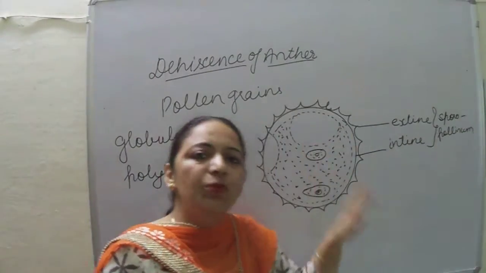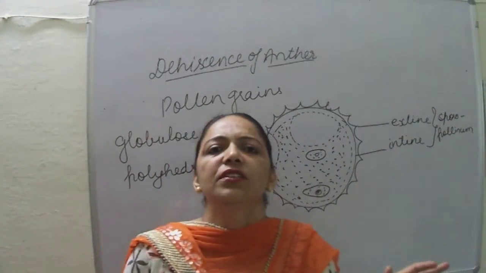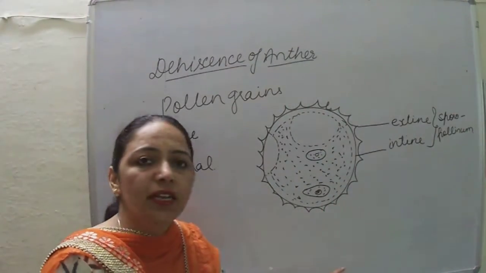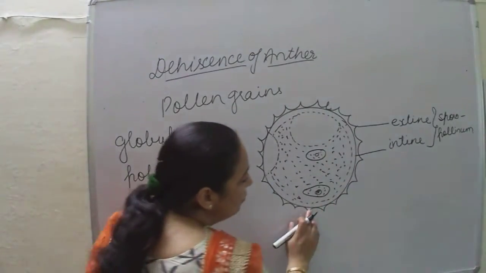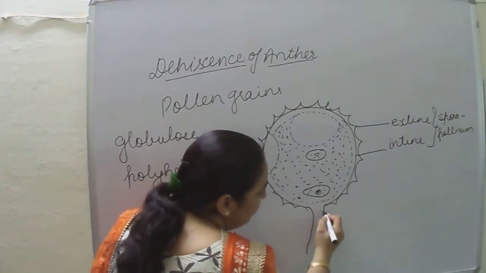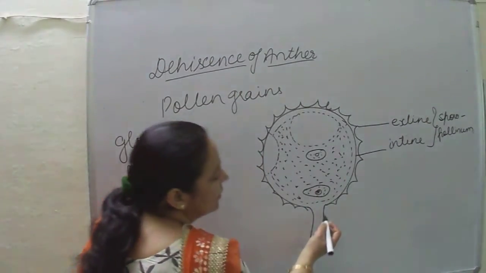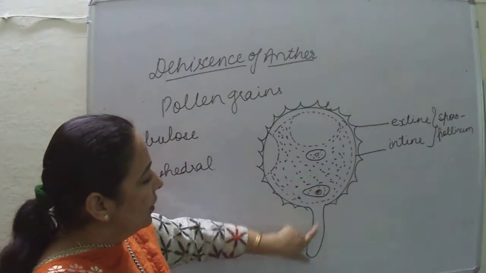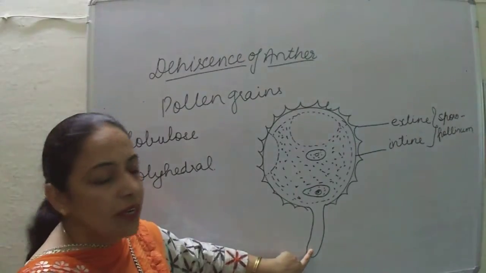As soon as this pollen grain reaches the stigma, the intine starts coming out from the exine and makes a pollen tube like this. And the generative cell and the vegetative cell start moving in this.